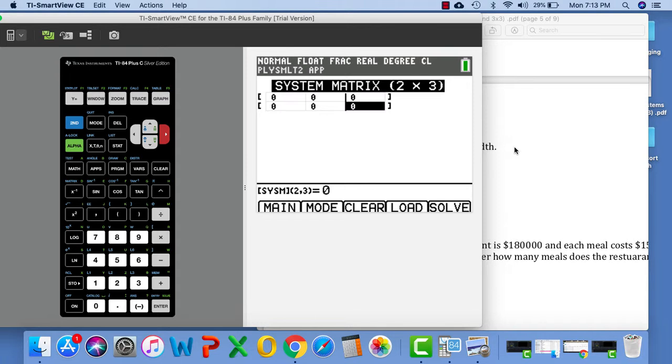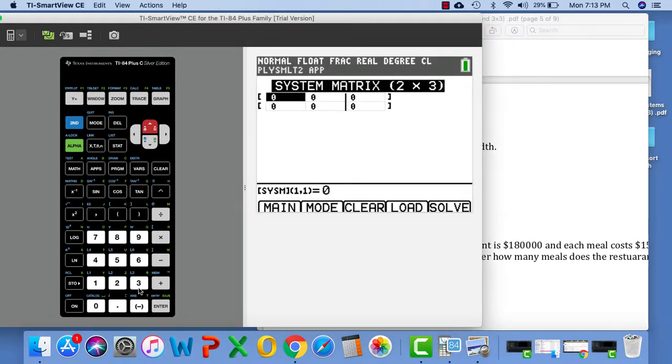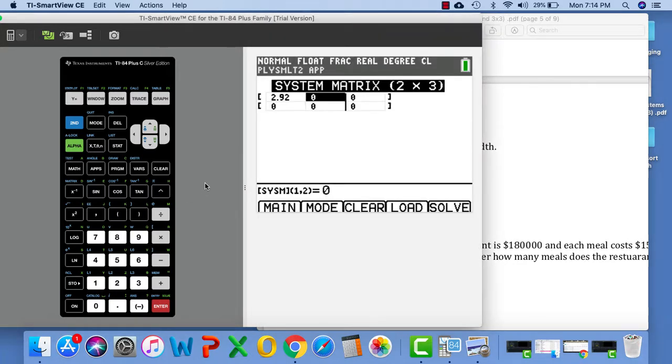So what you're going to do is start in the first box. My coefficient for x for the first equation is 2.92. So in this first box, I'm going to put 2.92, and then I'm going to hit enter, and it's going to scroll over. Then I'm going to put in my coefficient for y, which is 2.92 as well, enter.